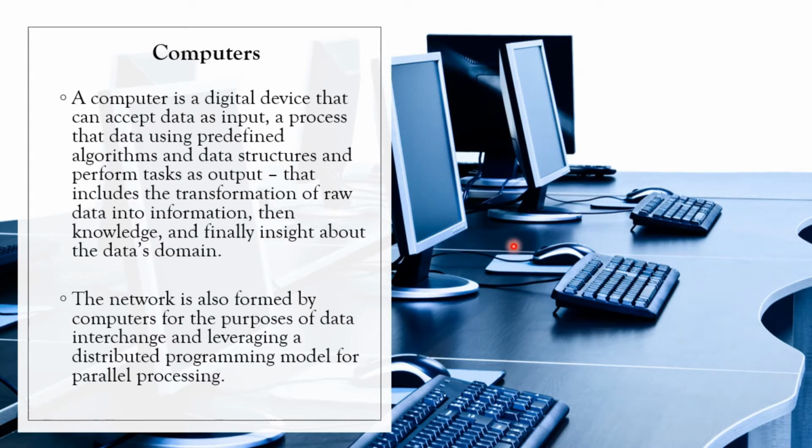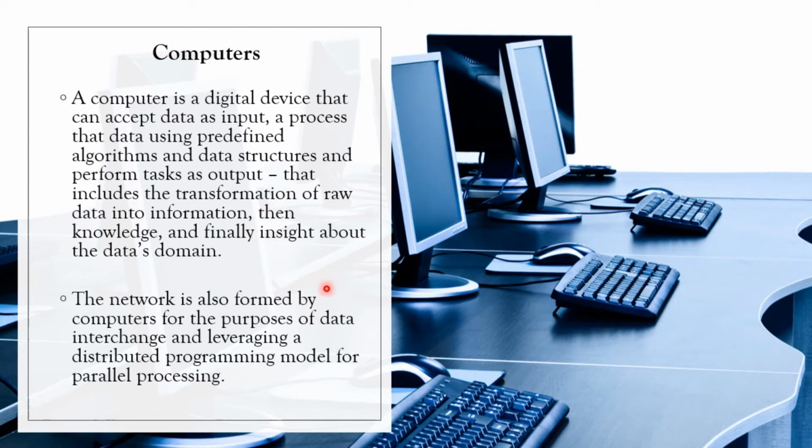So let's start with the computers. A computer is a digital device that can accept data as input, process that data using predefined algorithms and data structures, and perform tasks as output. That includes the transformation of raw data into information, then knowledge, and finally insight about the data's domain.